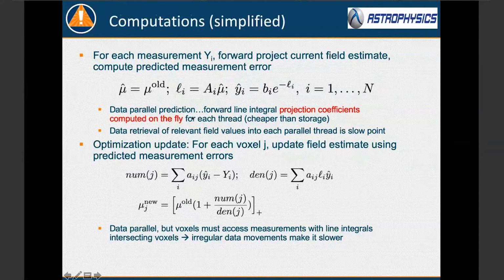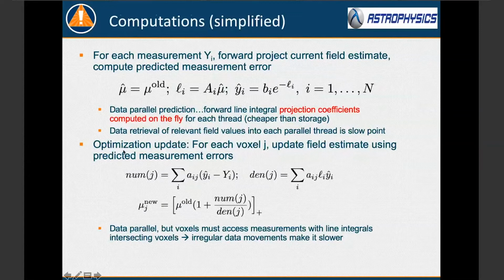The only thing that's unusual here is that for this particular line integral, we compute the geometry directly on the fly in parallel for every thread. It's much cheaper to do the online computations than to store them in this context. So the slow part of this is collecting the data from the volumetric reconstruction and providing it to each of the projections that you're dealing with in parallel.